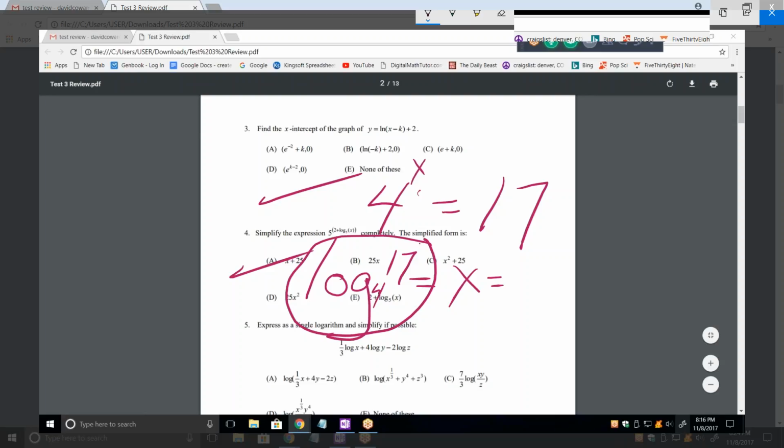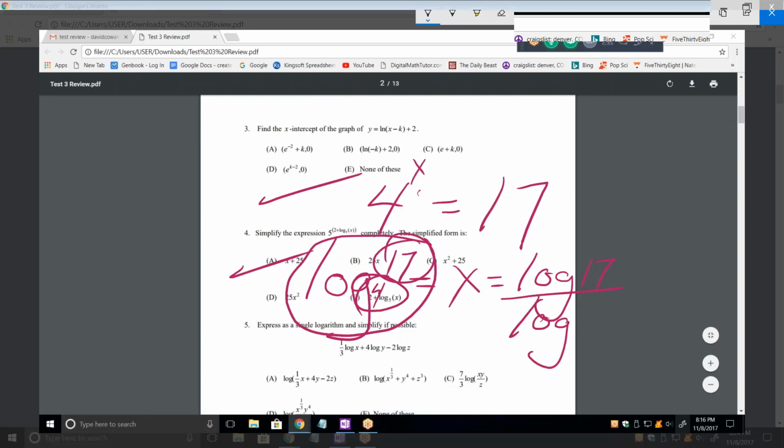Change of base formula is the log of the upper number divided by the log of the lower number. Simple as that. And you can use any log you want. I could use natural log, I could use common log, I could use log base 11 if I wanted. These ratios are all the same, which is another interesting feature of logs. That is the same ratio as the common log ratio.